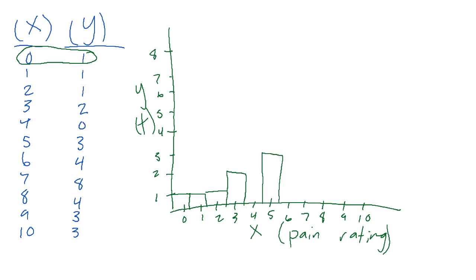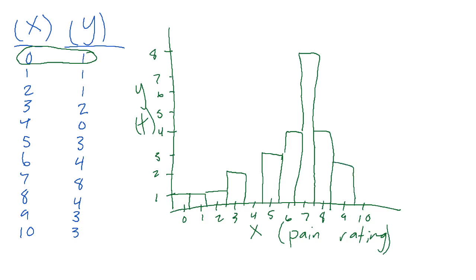For 6s, there were 4. For 7s, there were 8 reported scores. We're at a big tall bar here. Whoa, a little wonky, but that's okay. Then 4 8s, 3 9s, and 3 10s.